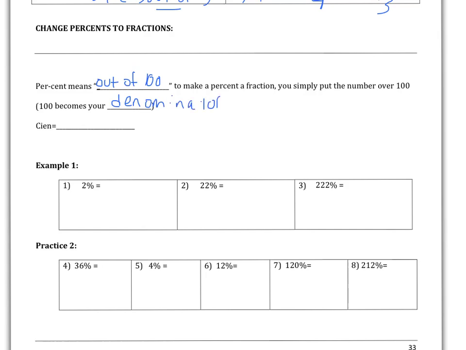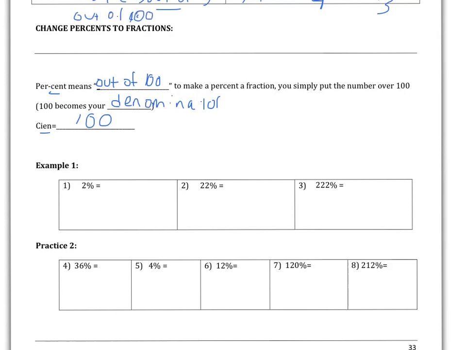And 100 in Spanish, as you probably know, is cien. That's the way a lot of kids remember it. It's out of 100.